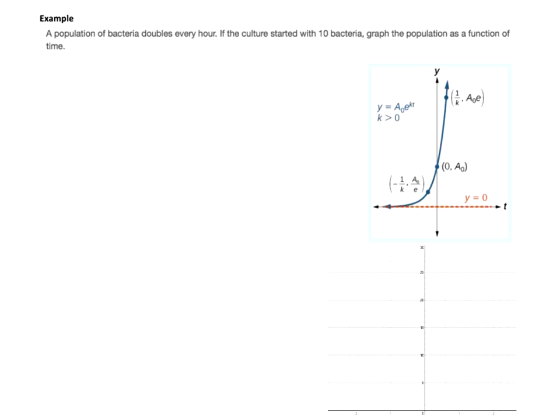So we know that it will be modeled by our exponential growth and decay model, which is y equals a sub 0 e raised to the kt. So with this particular model here, our a sub 0 is our initial population at time 0.